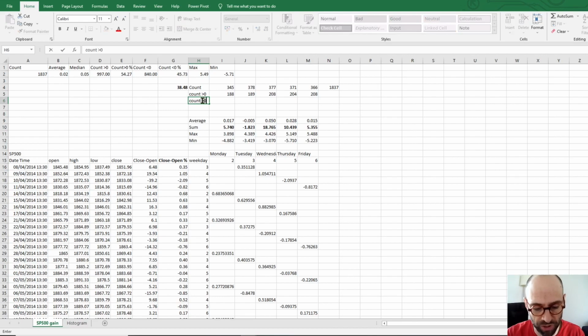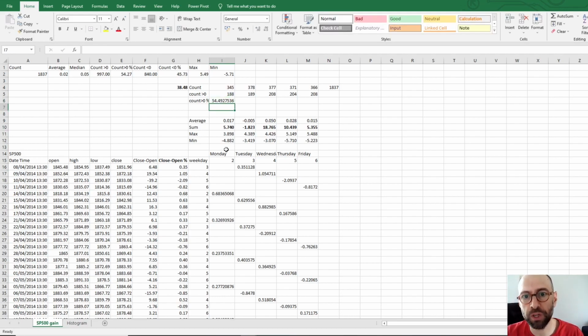And if we were to do the same thing, but this time express it in terms of a percentage, we can see that 54.49, rounding down, of the days were positive.